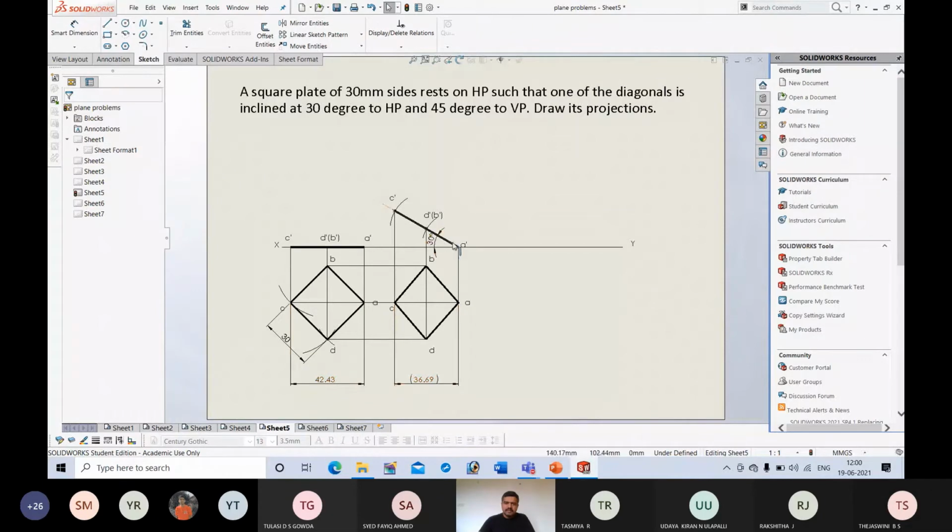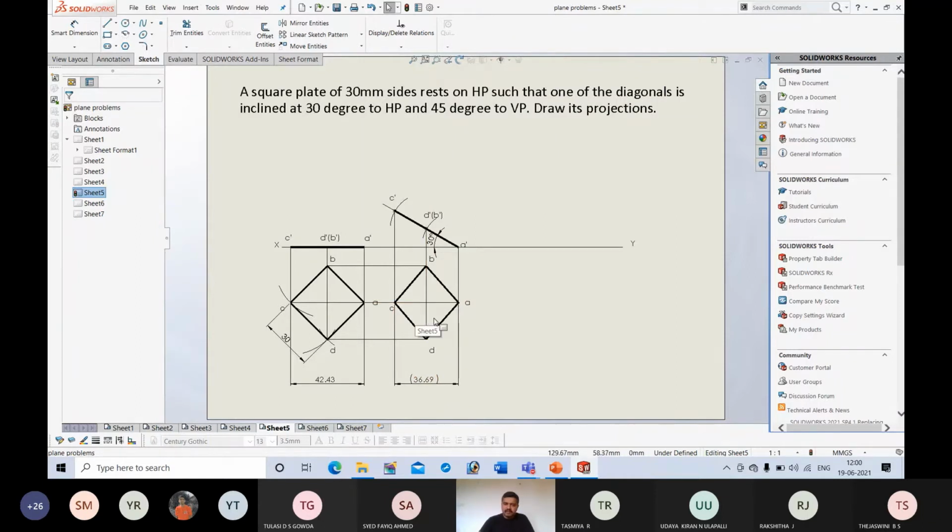Now, because of the inclination, the length of the diagonal got reduced to 36.69 mm. That means here we have false length of the diagonal. Actual length of the diagonal, that is true length of the diagonal, is 42.43, but because of the inclination, we have false length of the diagonal.